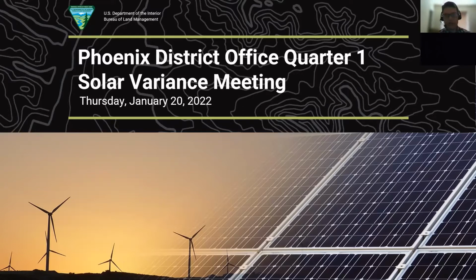A variance is a kind of pre-NEPA examination of a proposal before we formally accept the project and carry it forward into NEPA. What we're doing in the variance process is looking for what we might call show-stopping resource concerns.